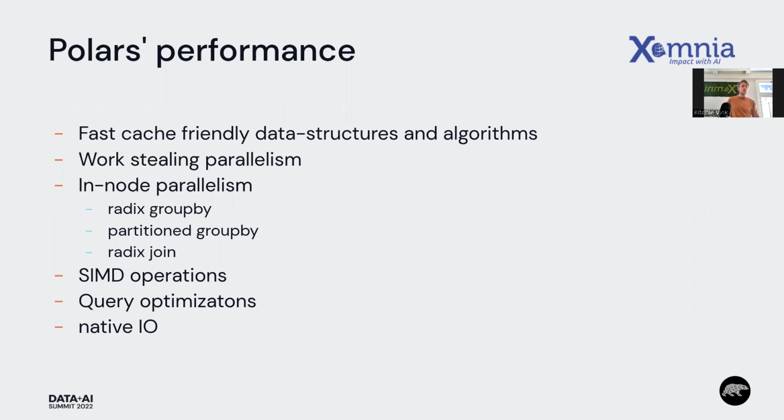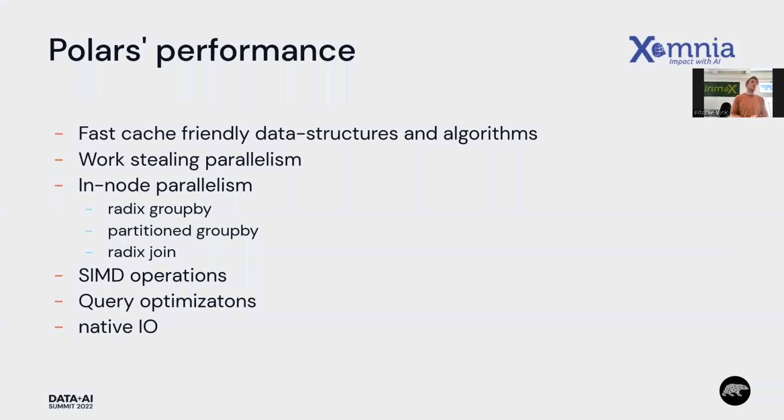We get this by having fast cache-friendly data structures in Apache Arrow, but also very data structure-aware algorithms and cache-efficient algorithms. We really, per algorithm, think about how we can traverse our data as cache-efficiently as possible. We use work-stealing parallelism with a tool called Rayon. And we have a lot of in-node parallelism.